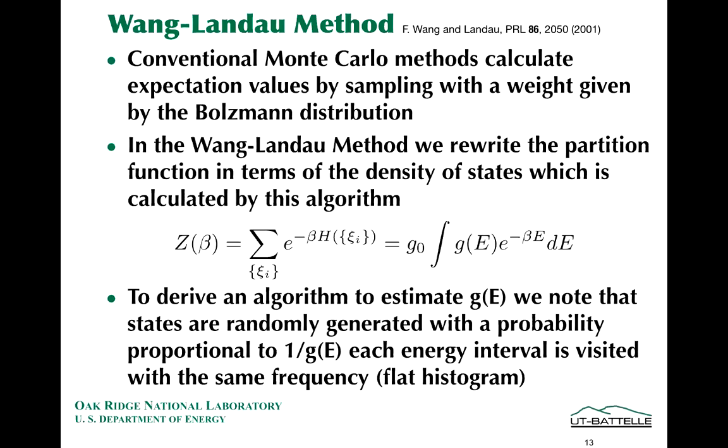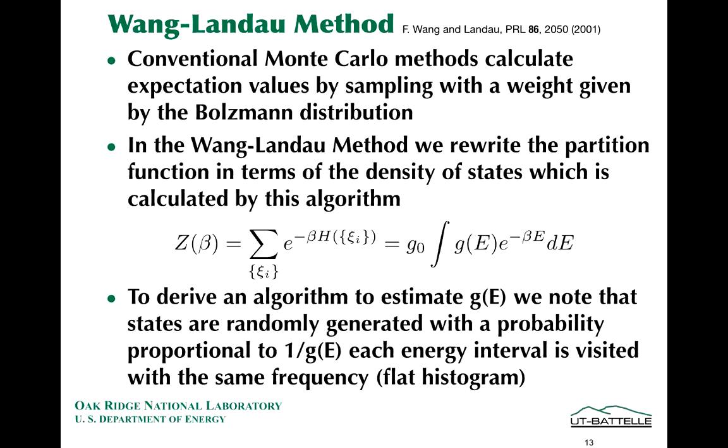Instead, we use a Monte Carlo importance sampling algorithm, together with the realization that we can rewrite this very high dimensional integral in terms of just a one-dimensional integral, where we know the density of states at a given energy, which is denoted by G of E. And then we have an algorithm to calculate this G of E. Now, if we know G of E, we can calculate the partition function on a laptop.